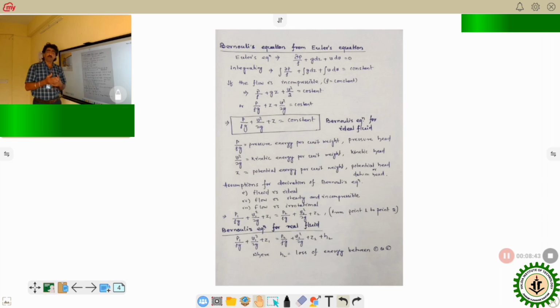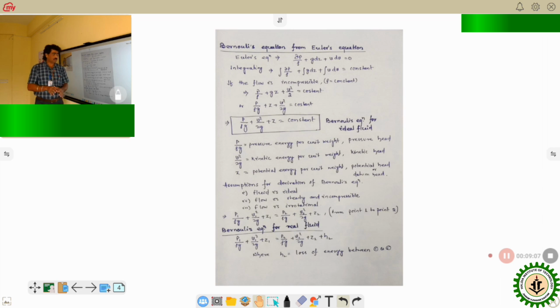That loss may be minor loss or major loss. Minor losses are of several types: sudden expansion, sudden contraction, entrance loss, exit loss, bend loss, obstruction loss and so on. But major losses are specifically two types: one is viscous loss, another is turbulent loss. So this is the overall picture of how the energy of the fluid is transferred from one place to another.